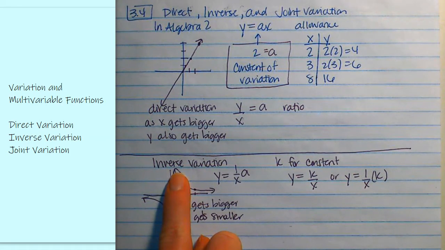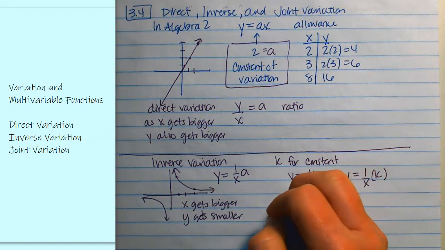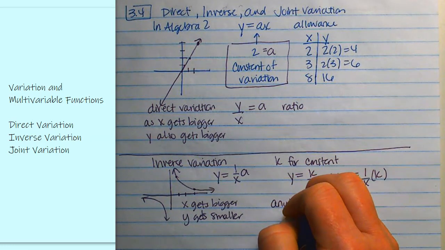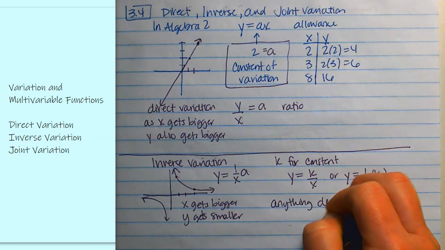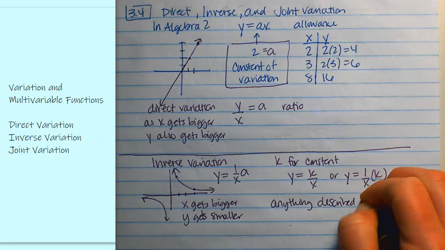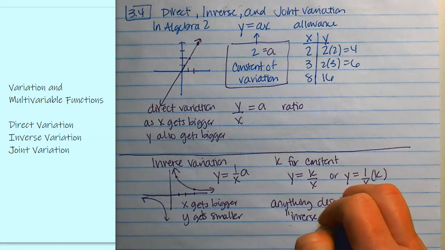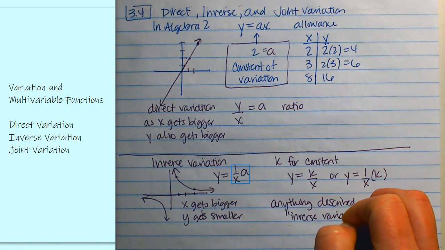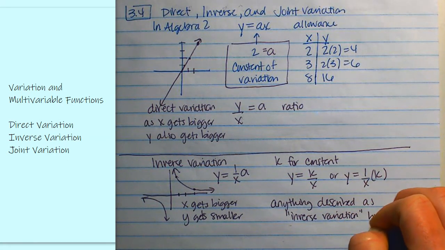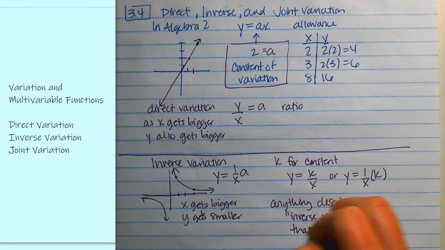So anything that you see described as inverse variation puts that variable in the denominator.